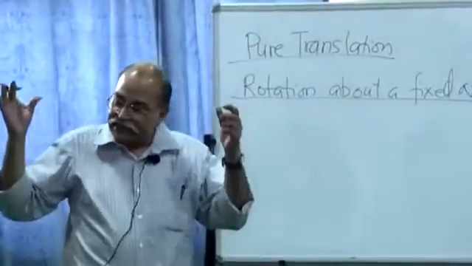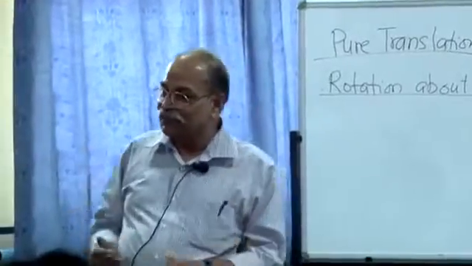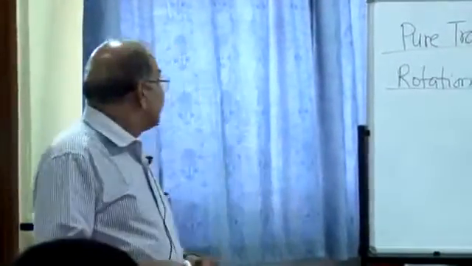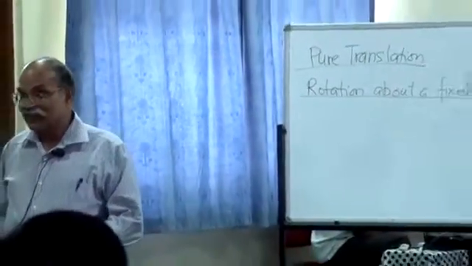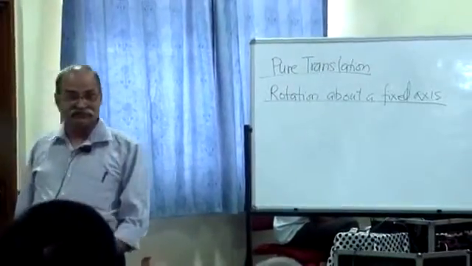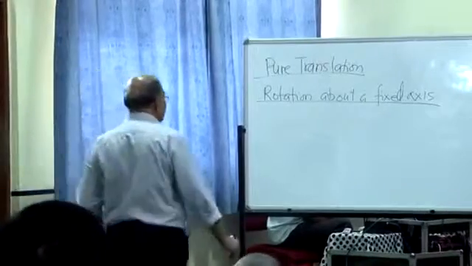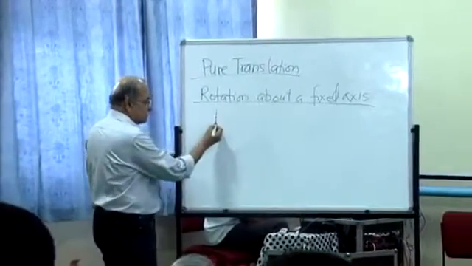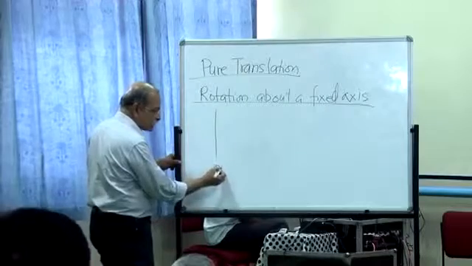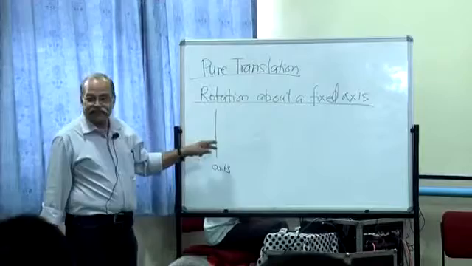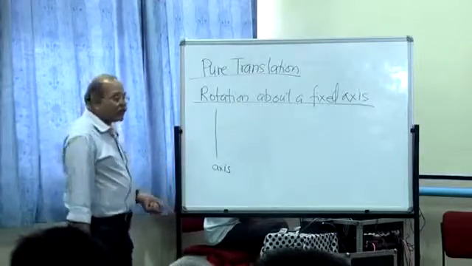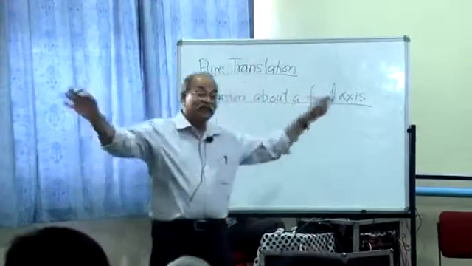Okay, this is another class of motion of a rigid body where I say it is rotating about a fixed axis. So the axis is a straight line, right? So there is a straight line which we will be calling the axis, and the rotation is about this fixed axis. There are several things, carefully note.